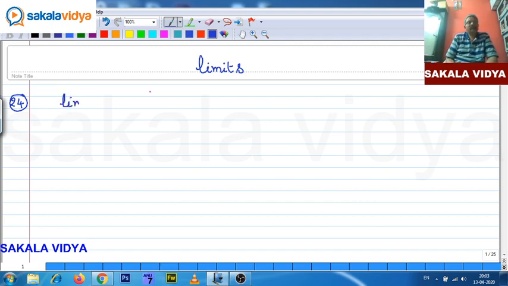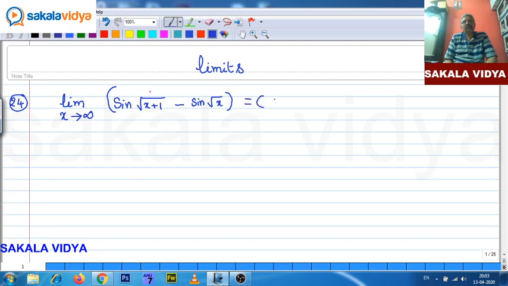Limit x tends to infinity, sine of root over x plus 1 minus sine root x equals to, this is the question.